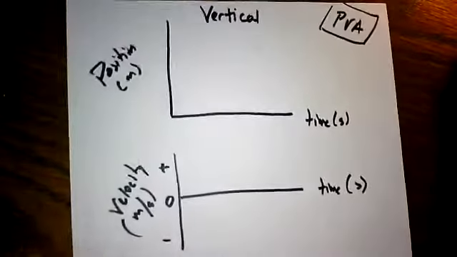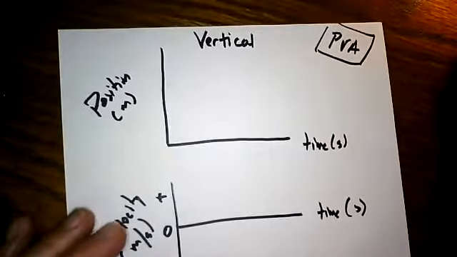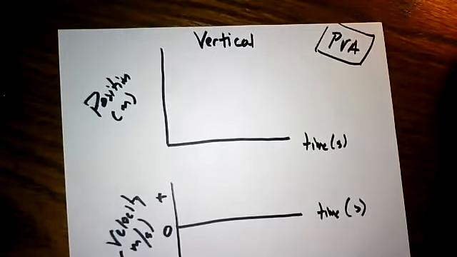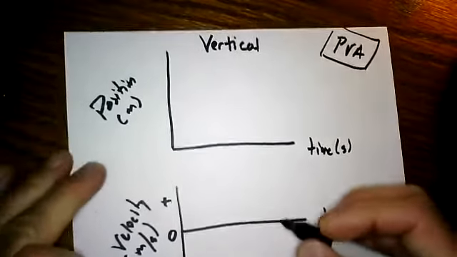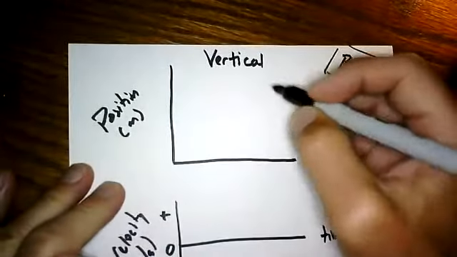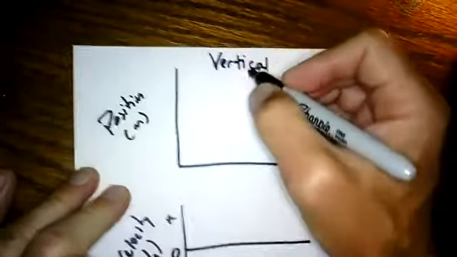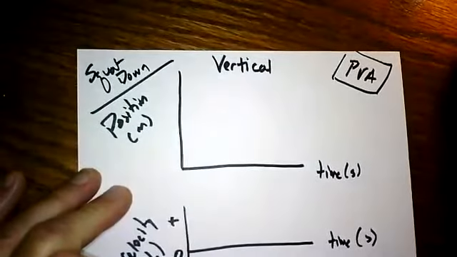So now I've got 4 plots, and I'm going to use this worksheet, and I'm going to switch pens here, and model the squat down movement that we're talking about.